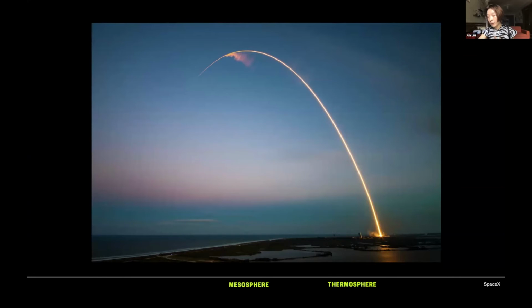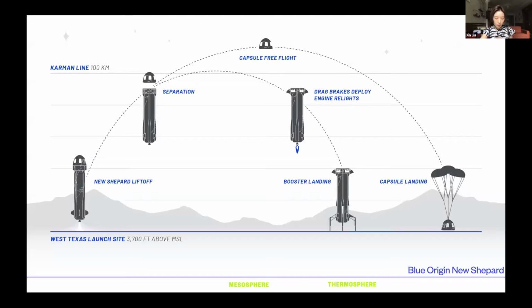And my first personal experience with this atmosphere was a project together with Blue Origin, where we took the New Shepard system. It is a suborbital flight, meaning it did not reach orbit. It did not have an orbiting movement.